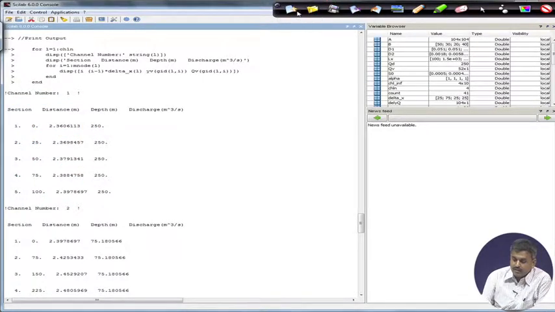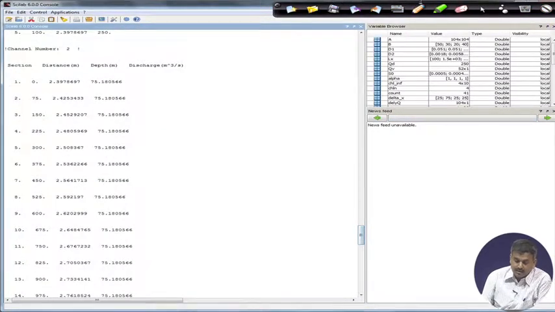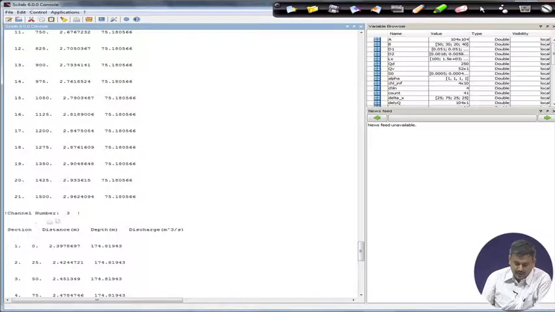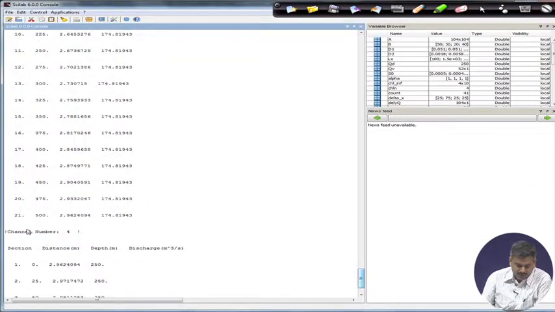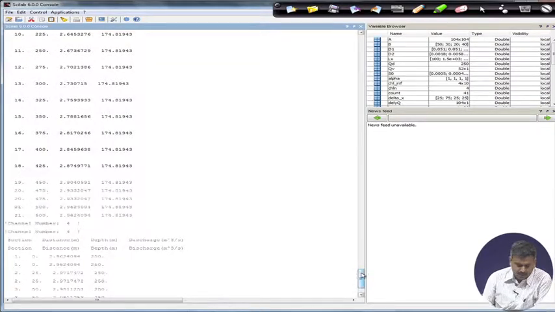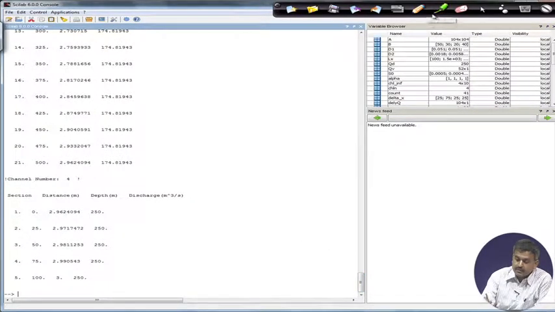Similarly, for other sections, channel number 2 has sections starting from 1 to 21, channel 3 starting from 1 to 21, and channel 4 starting from 1 to 5, we are getting these values.